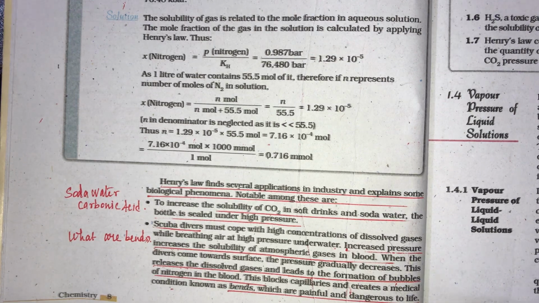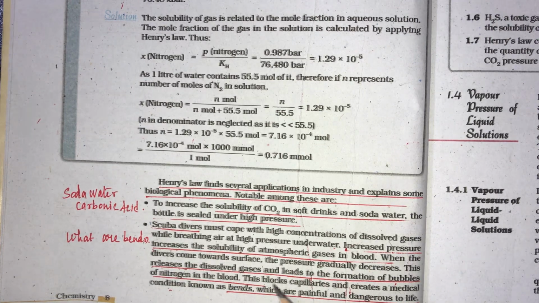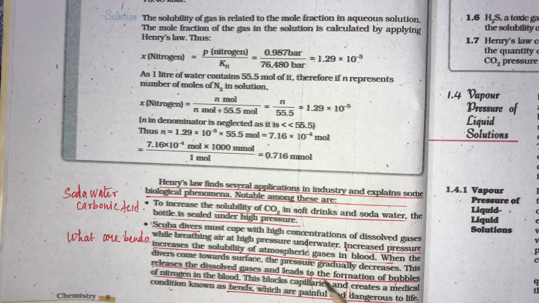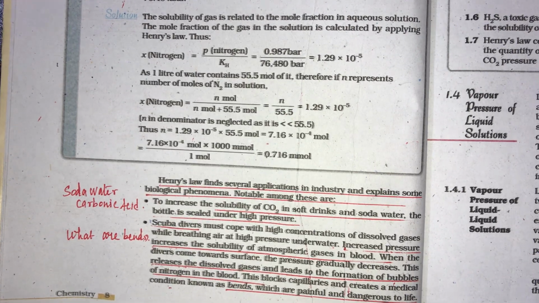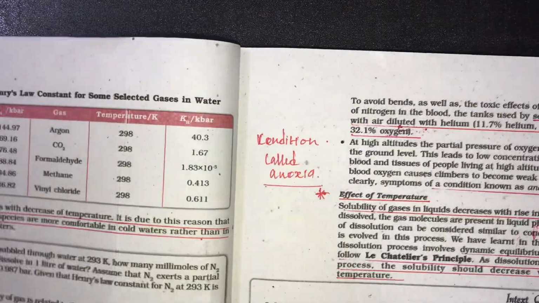This causes the bends. The dissolved gases lead to the formation of bubbles of nitrogen in the blood. This blocks capillaries and creates a medical condition called bends, which is painful and dangerous to life.